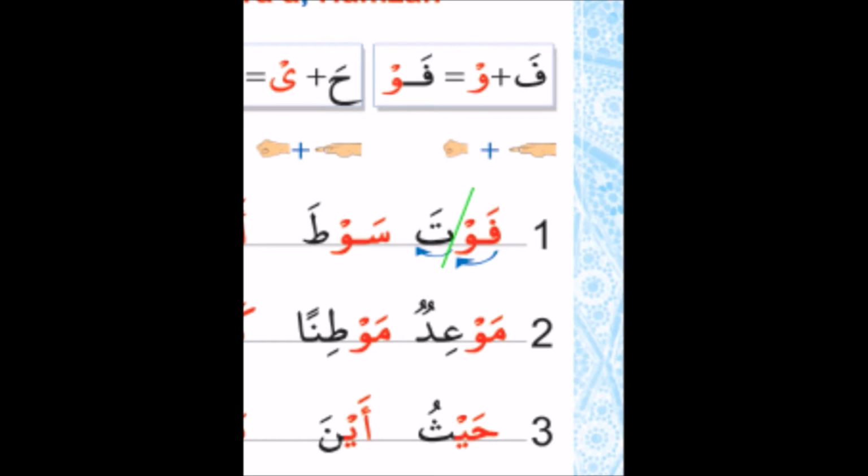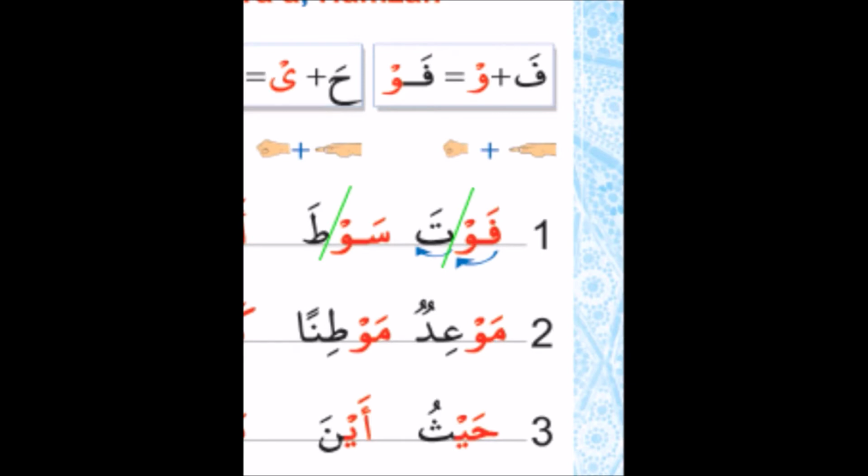So the next word, the student without spelling should say sawta. It is the same technique we've been using to read these words, first the first 2 letters of the 3-letter word and then adding the last letter.